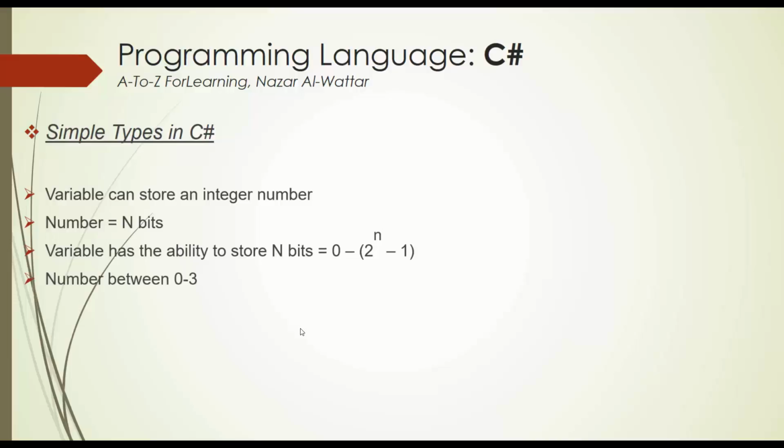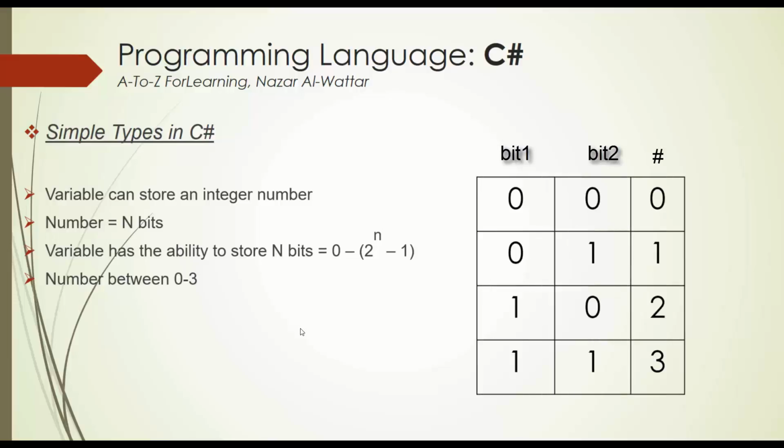For example, if we have a number between 0 and 3, we will use this table. We will need a variable that can store 2 bits. So this is bit number 1, this is bit number 2, and this is the number or the result that can be represented using these 2 bits.